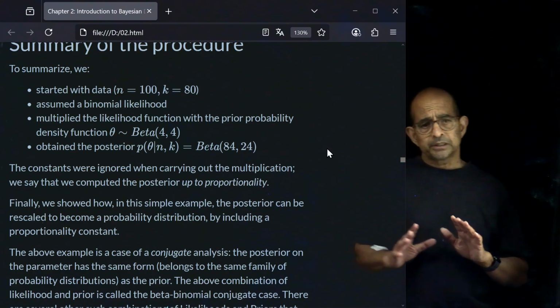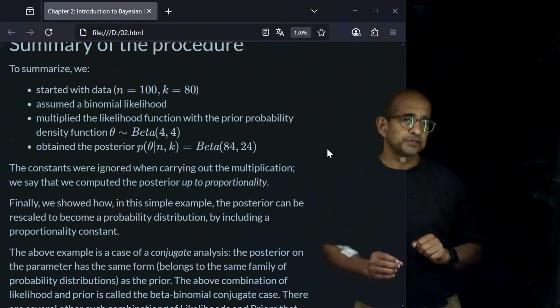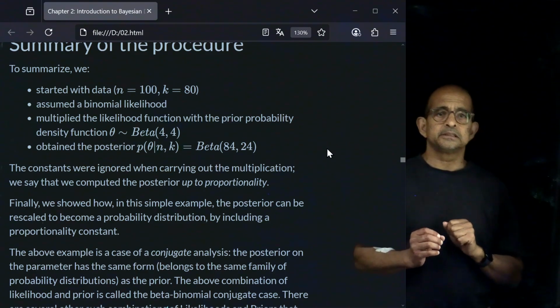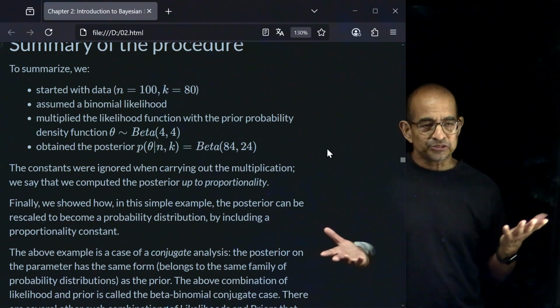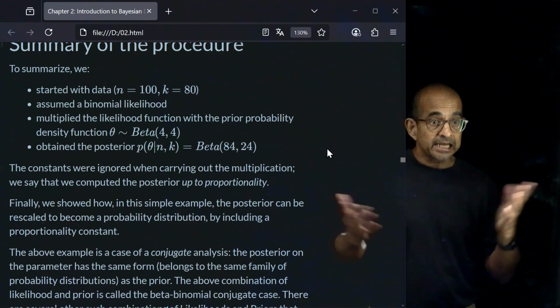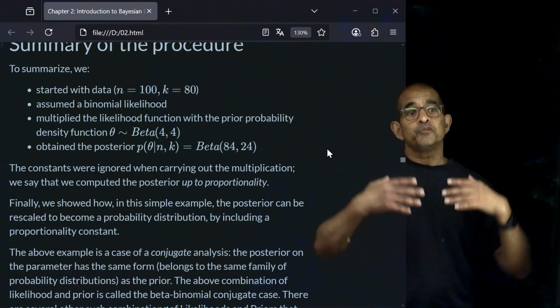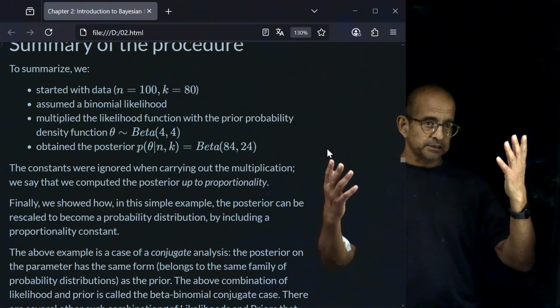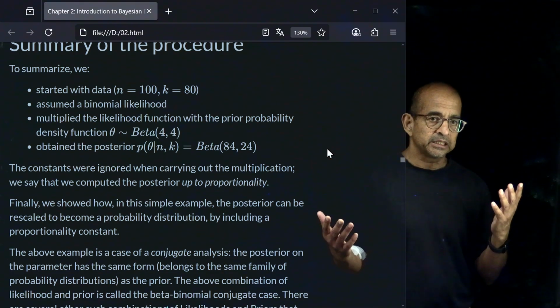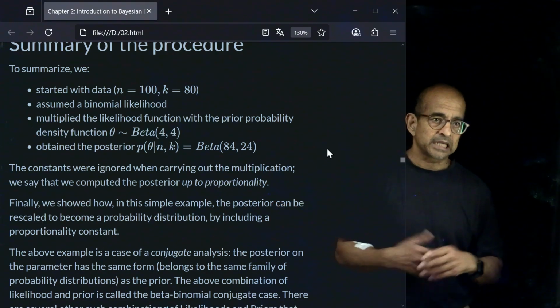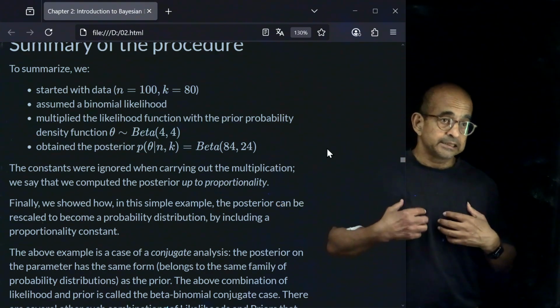The importance of this beta-binomial example is not that you can use it in day-to-day life. In day-to-day data analysis, we are going to be working with much more complex data. We can't just use this simple beta-binomial case in most of the types of experiments that I do.